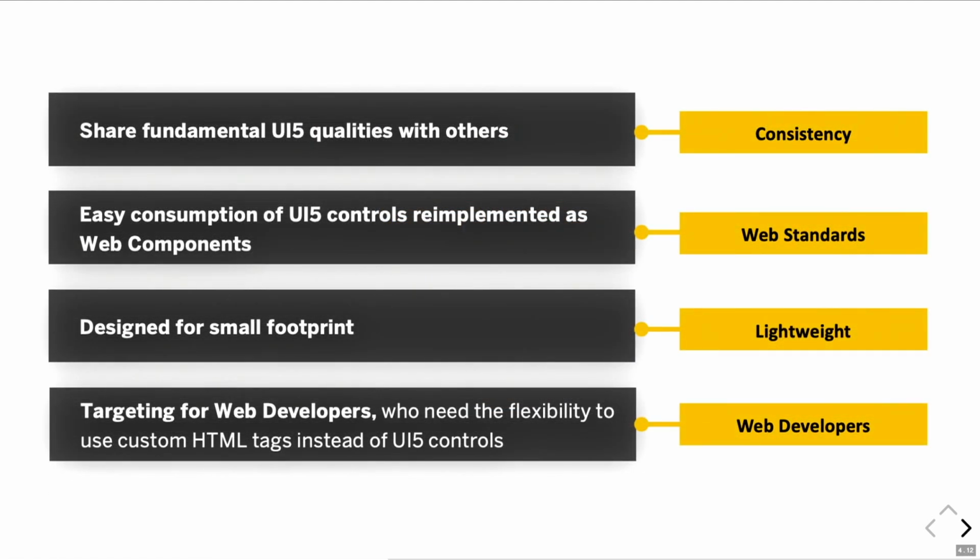So to recap, web components are a way to share fundamental UI5 qualities with others. Also, easier consumption, as we try to re-implement the UI5 Classic controls as UI5 Web Components.